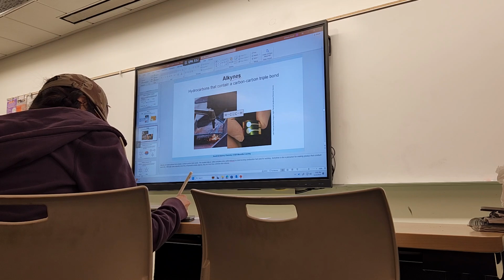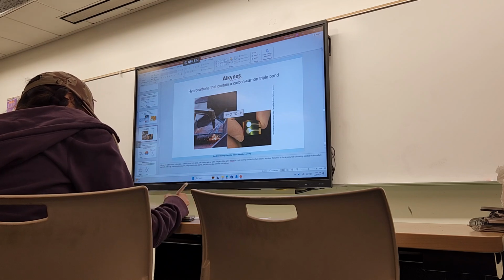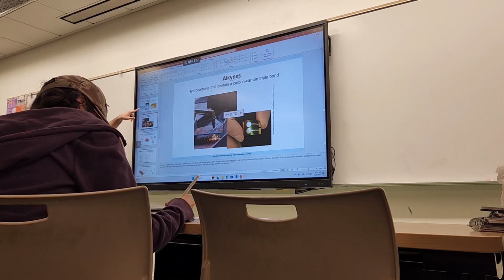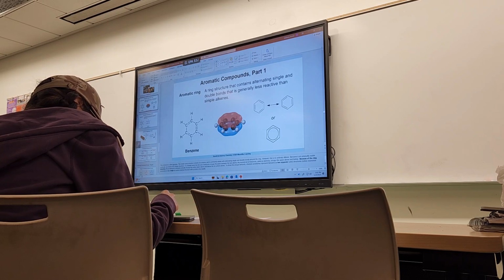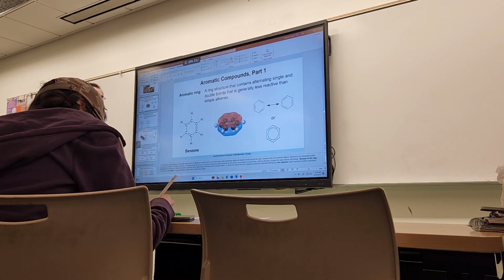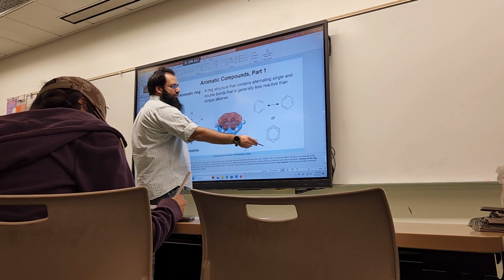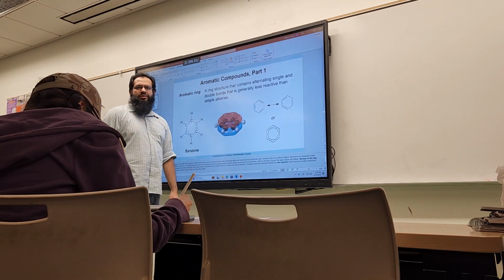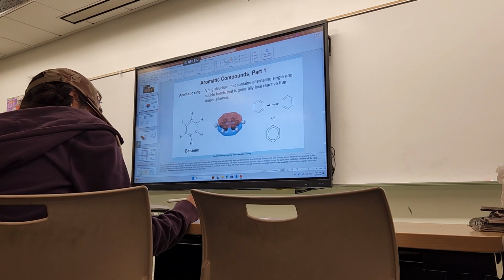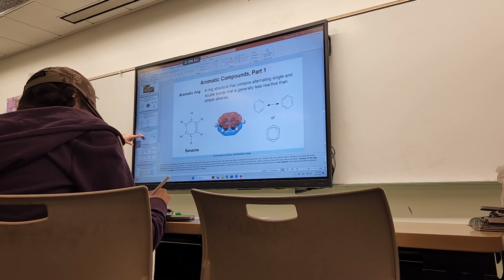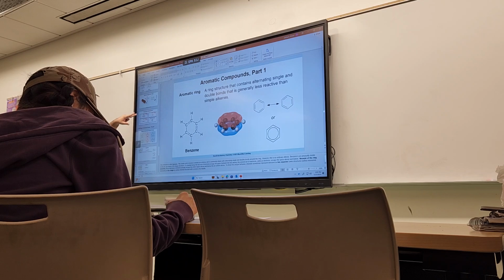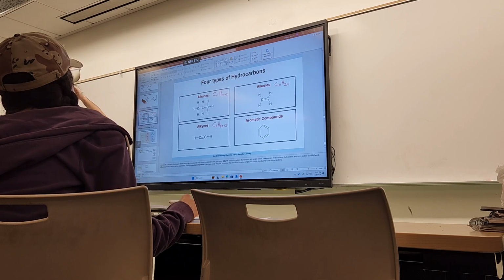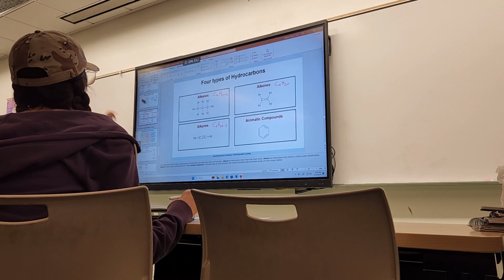That means you can find out where it is on your diagram. So alkene is a double bond, alkyne is a triple bond. Then you have your aromatic ring, which is a cyclic structure which has alternating double bonds. Right? We call that an aromatic ring. So those are our 4 types of hydrocarbons.